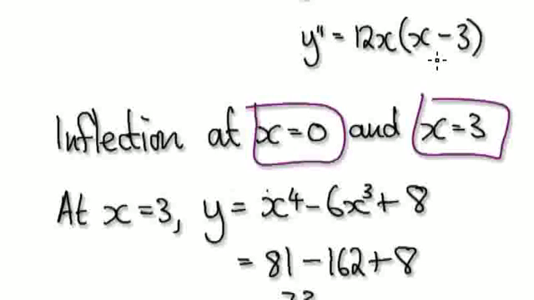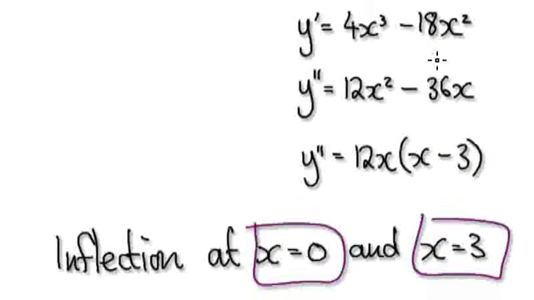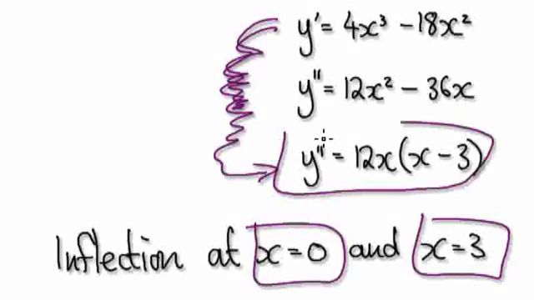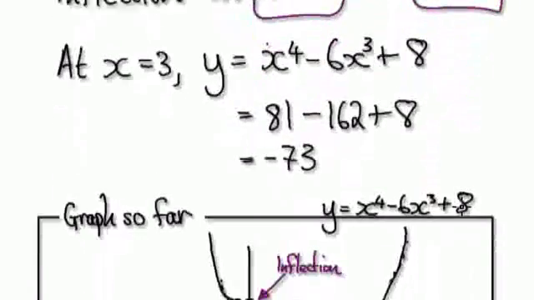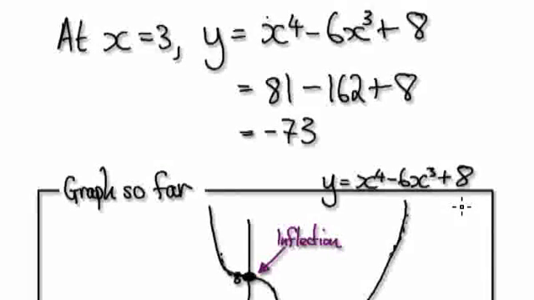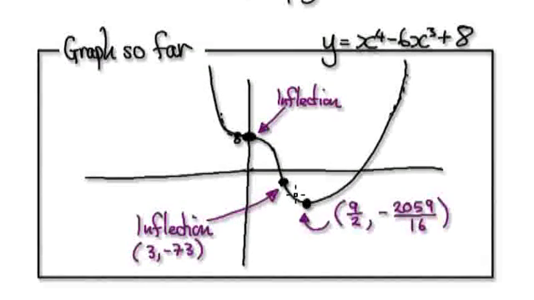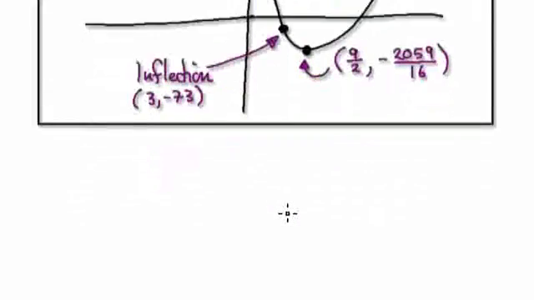I'm going to zoom through this because the video has been taking a while. So our inflection point here will be (3, -73). Now let's double check everything.